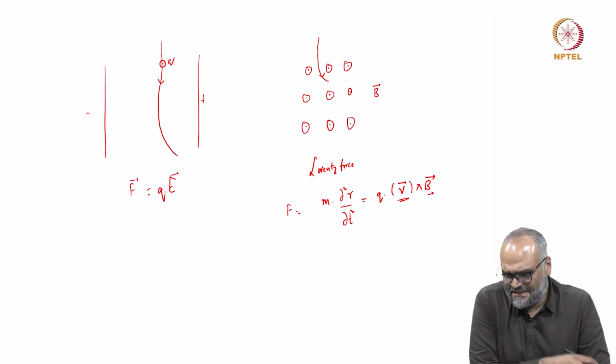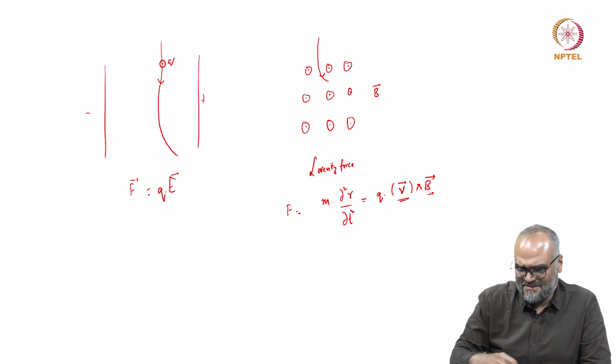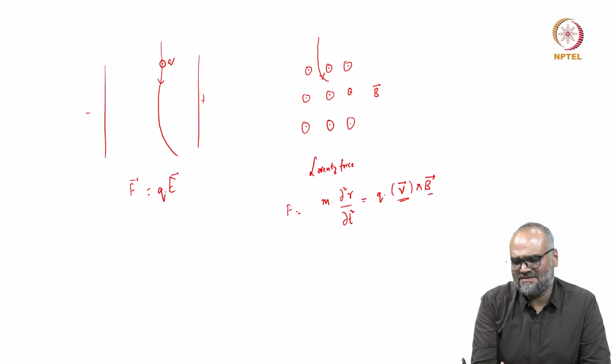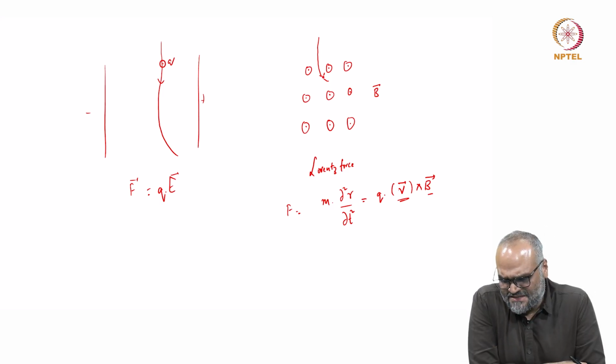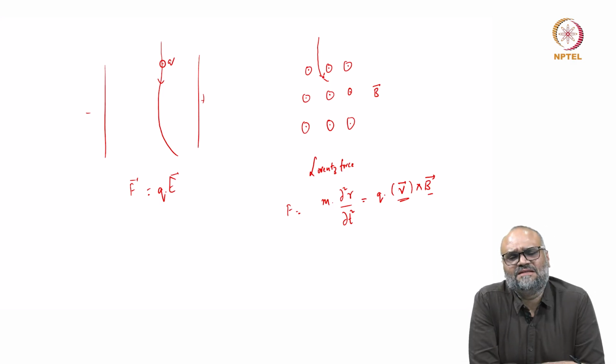As you can see, for the field which is coming out of the board and the particle which is moving down, I have a Lorentz force which acts on the particle, based on this principle of deflection of the charged particle in the presence of an electric or a magnetic field. People have come up with the construction of electrostatic and electromagnetic lenses, which are used mainly in electron microscopes.